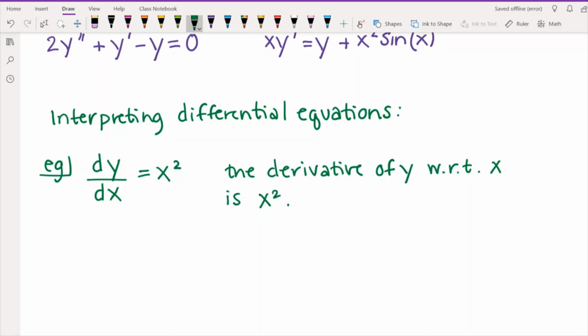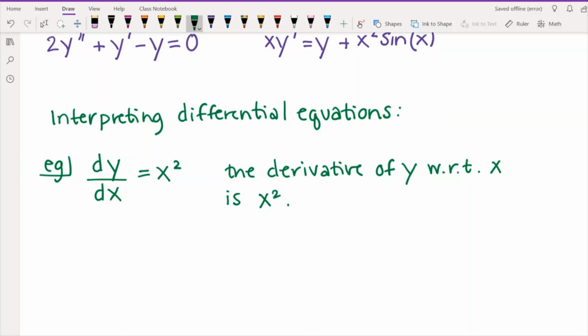So in the next video, as I mentioned, we'll focus on algebraic methods of solving differential equations, but this one we can actually solve just by thinking about the meaning. So what would be an example of a function y that would make this true? What is an example of a function y such that the derivative of that function is x squared?